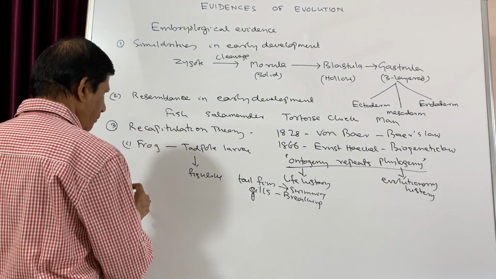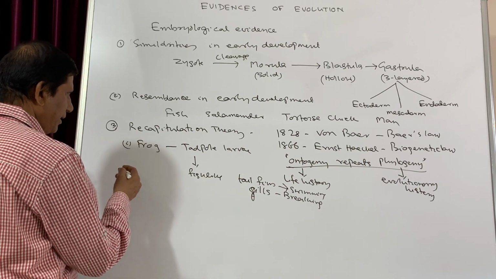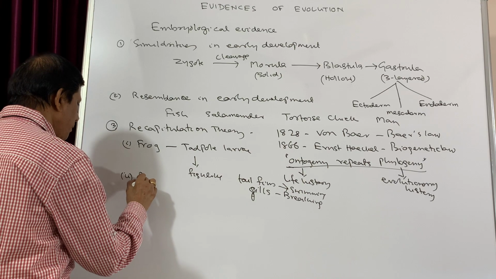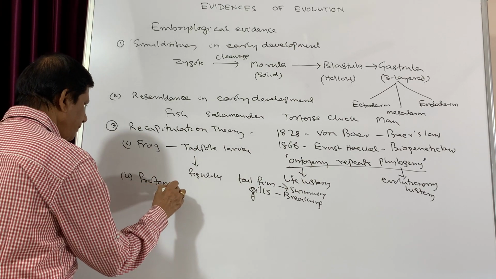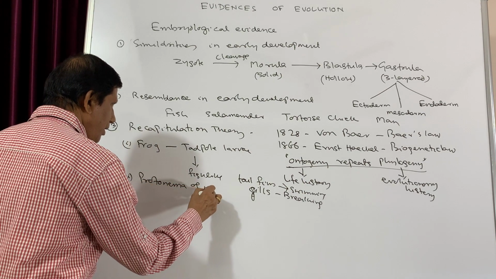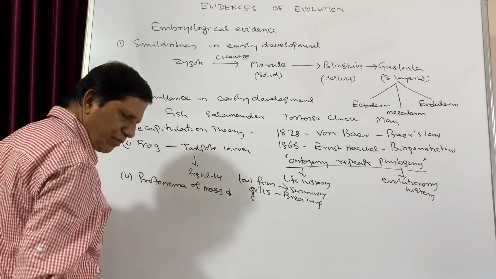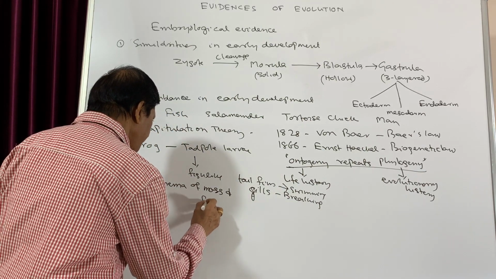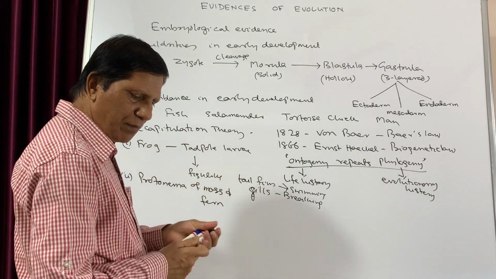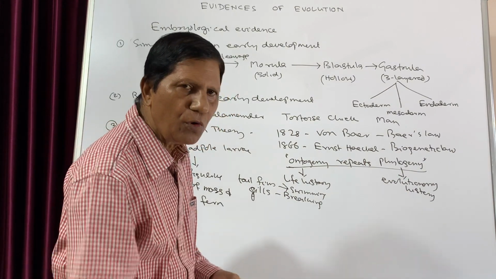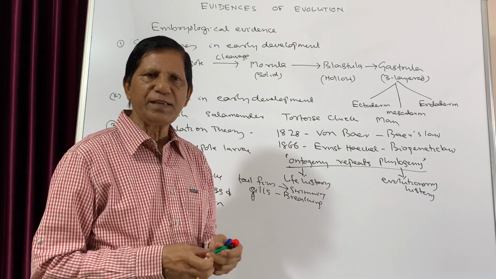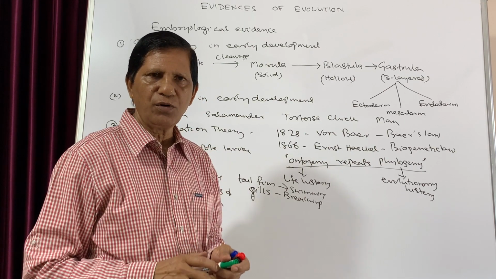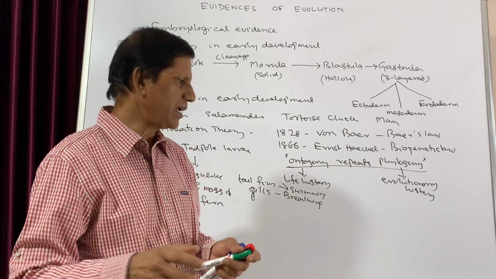This is one example. Now the second example we can take from plants, that is the protonema of moss and fern. In moss and fern, when the spore germinates, it gives rise to a green branched filamentous structure which looks like a filamentous alga.